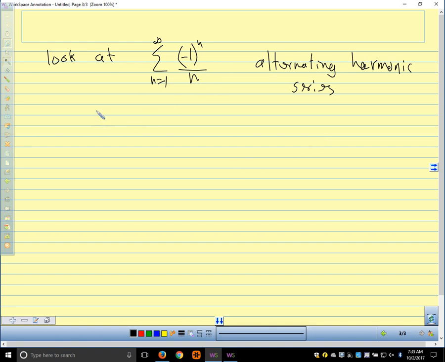We know that the limit as n approaches infinity of 1 over n is 0, this is pretty easy to see. So we're good there. And 1 over n plus 1 is less than or equal to 1 over n for n greater than or equal to 1. That's easy to see. This denominator is bigger, so that number is smaller. So this series converges.